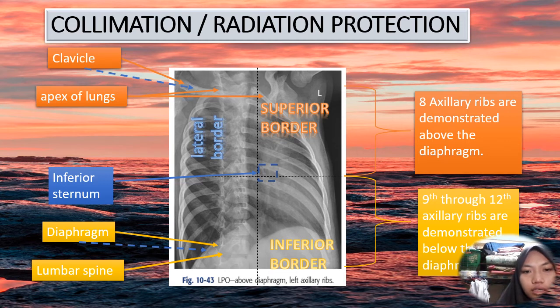Second, for the lateral border, first we can see the clavicle from lateral, the inferior sternum, and the diaphragm. For the inferior border, we can see the diaphragm, lumbar spine, and 9 through 12 axillary ribs demonstrated above the diaphragm.